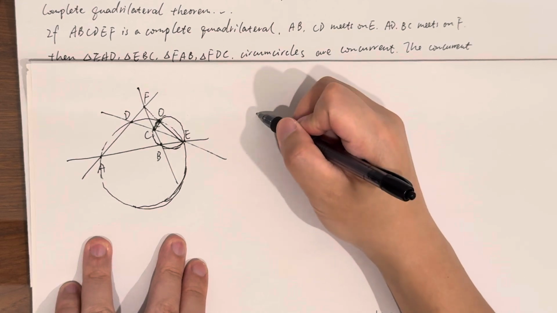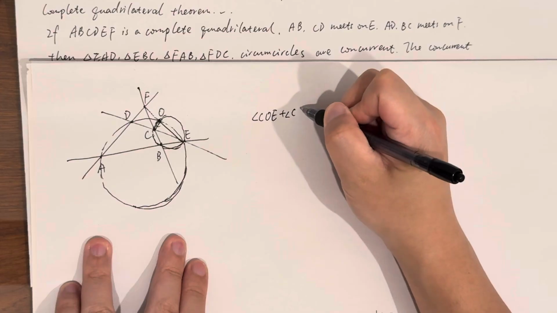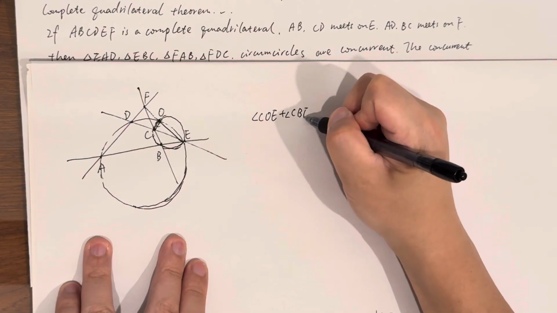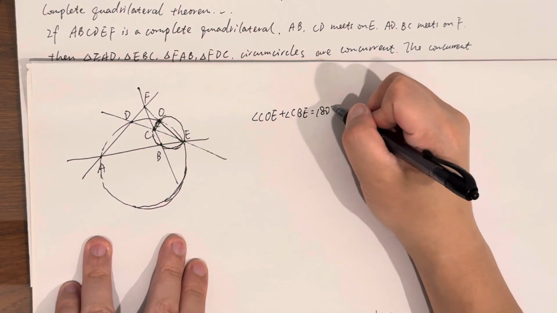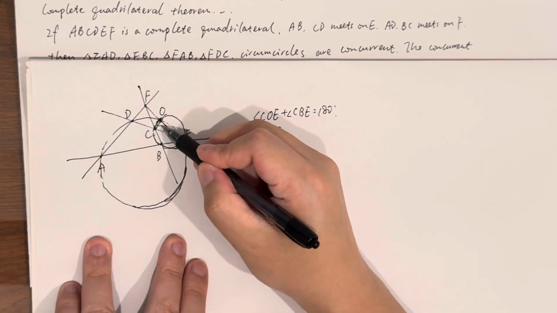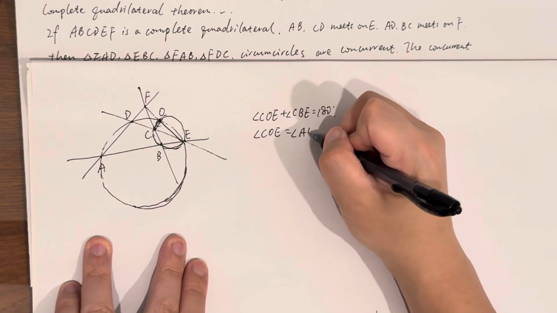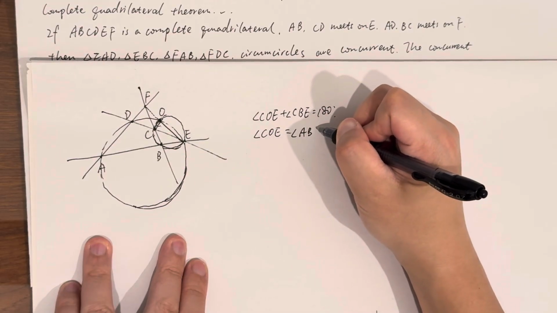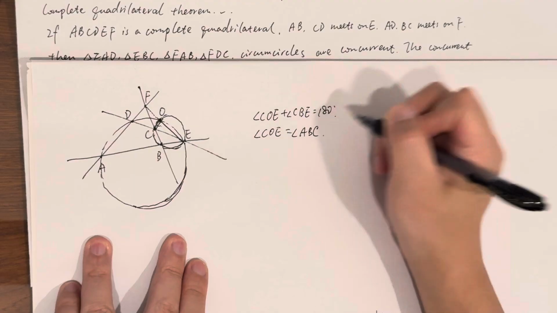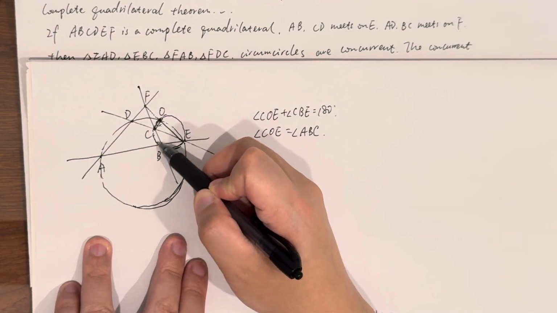As you can see, angle COE plus angle CBE equals 180 degrees, right? And also we can write angle COE. This angle equals angle ABC, so this angle equals this one.